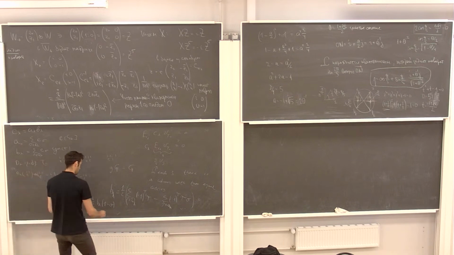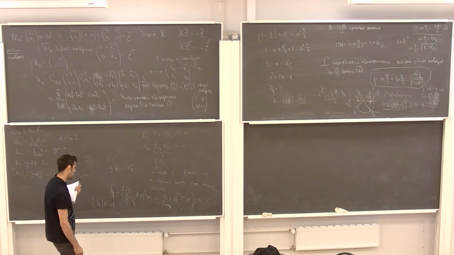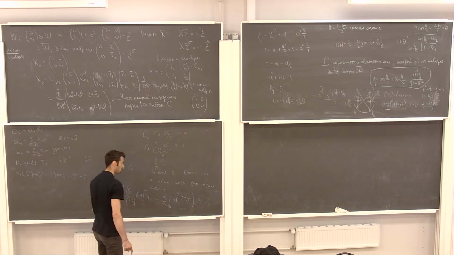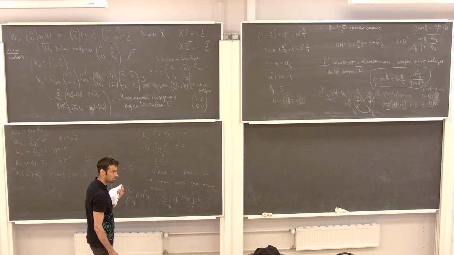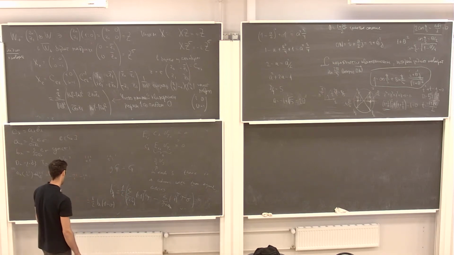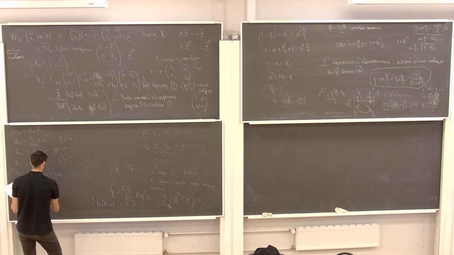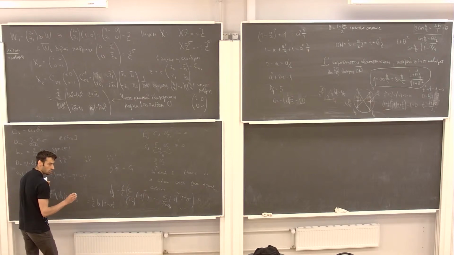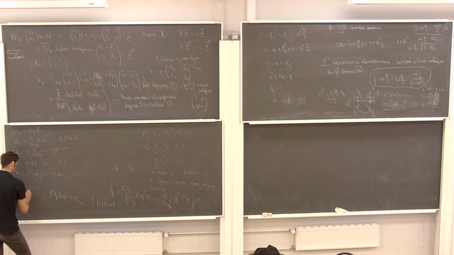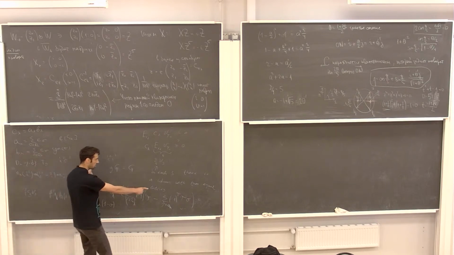Since I chose sigma like that, then B_lambda (1 minus sigma) acting on V_S is 0. And this is the same as C_lambda acting on V_S. So you actually prove that C_lambda acting on each term here is 0.